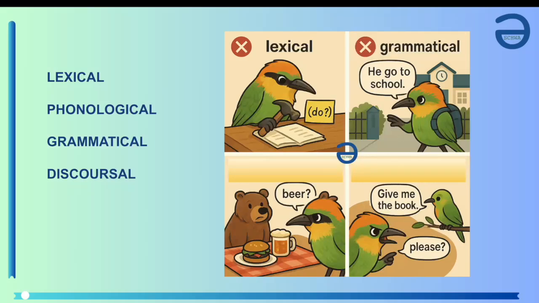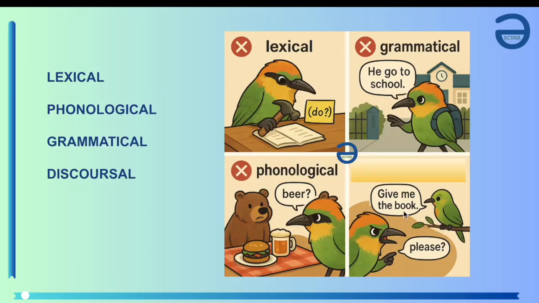Then we might have a grammatical one. So he goes to school, third person. We need to use the correct conjugation, the correct subject-verb agreement. If you order "bear" instead of "beer," you will get a whole animal at your table. So that's a phonological error.